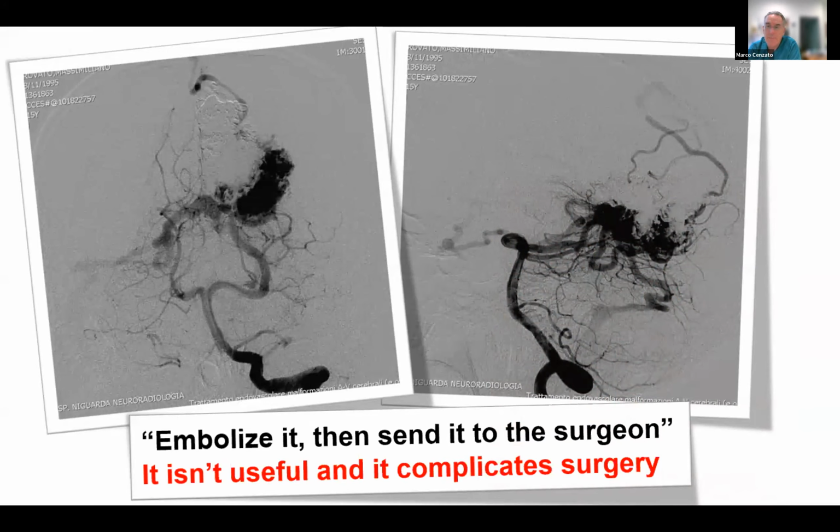This was an AVM that came to us after a nidal embolization that was a problem, because as surgeons we found a big bulk of Onyx and then all the vessels behind it. So in a case like this, the embolization was not useful and complicated the surgery.